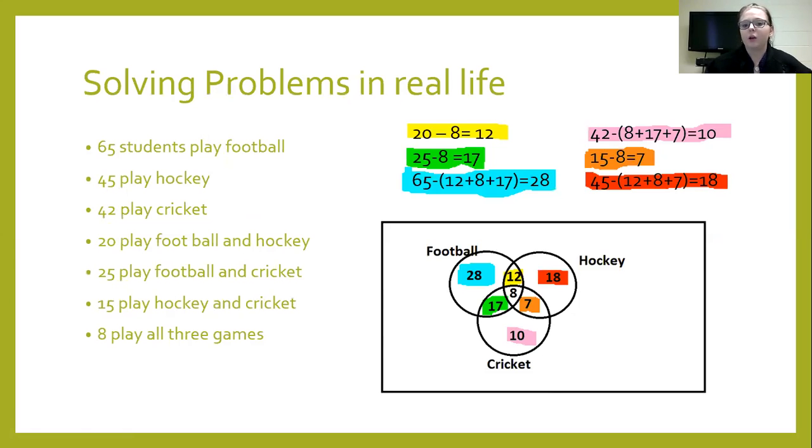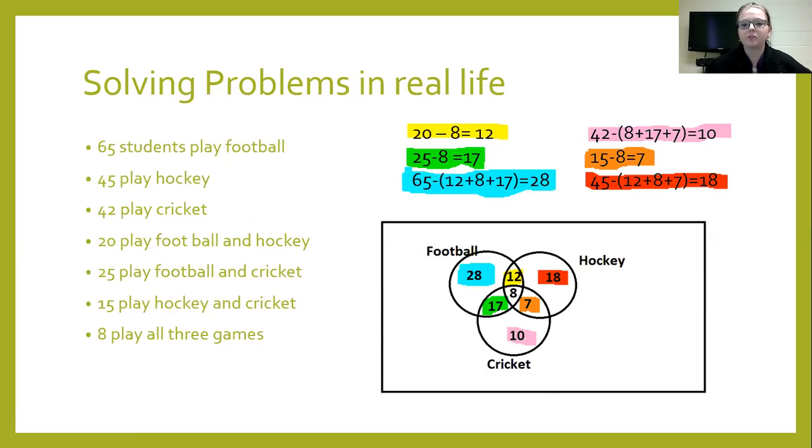We're going to do like we did before for football. We're going to start with 42 minus, and then in parentheses the 8 for all 3 sports, 17 for football and cricket, and 7 for cricket and hockey. We minus that, and that's going to give us 10. So 10 students alone just play cricket. Then we're going to look at hockey now.